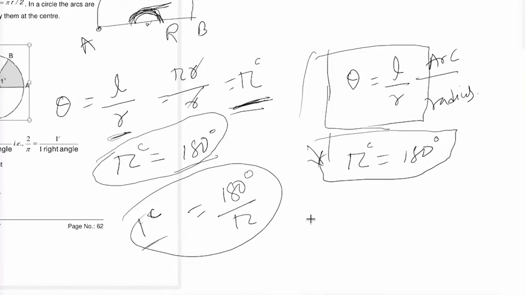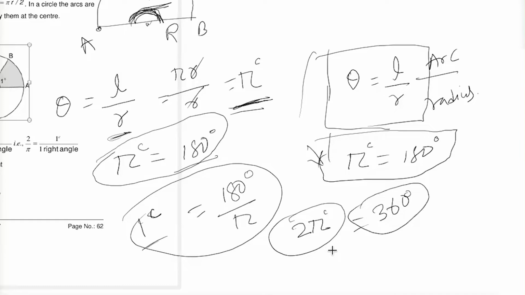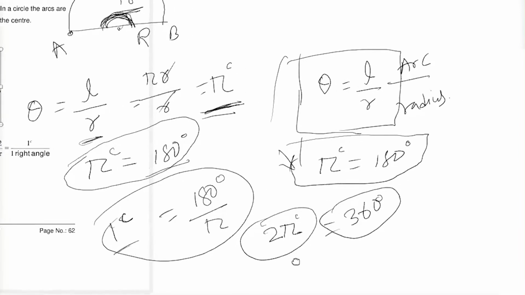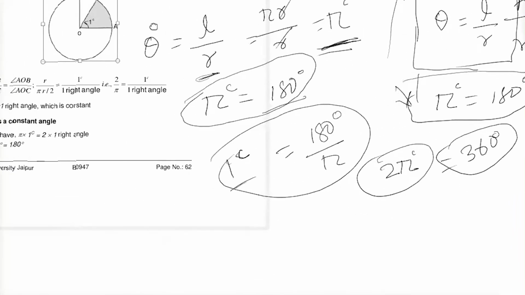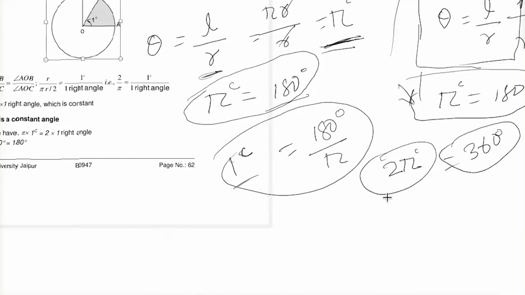Can anyone tell me what 2 pi is in degrees? 360 degrees. And what does 360 degrees mean? Full circle. And for a full circle the circumference is 2 pi r.